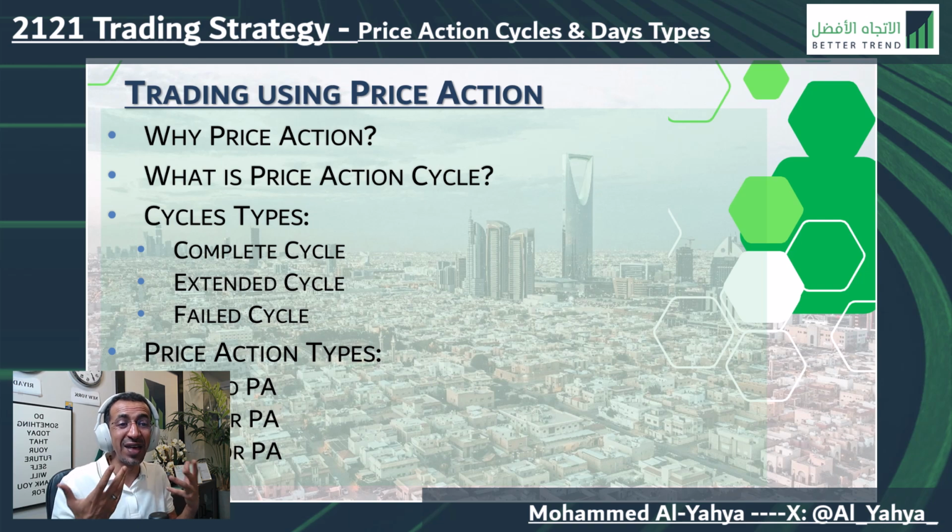We study that behavior, because guess what? Who is moving the market? People. Even if there are algorithms behind them, there are engineers and programmers who programmed those algorithms and switch them on and off. So at the end of the day, the money getting in and out of the market is from people. People have psychology.